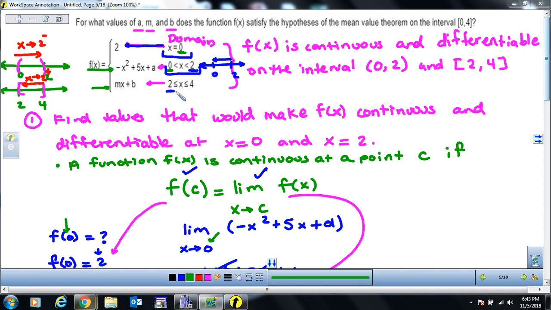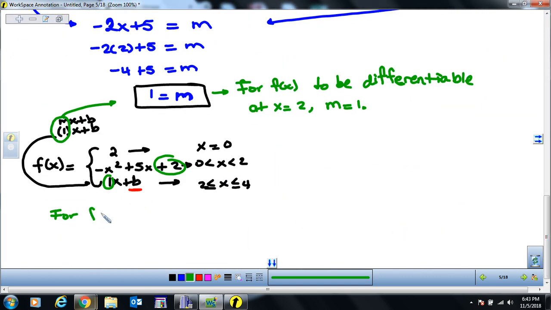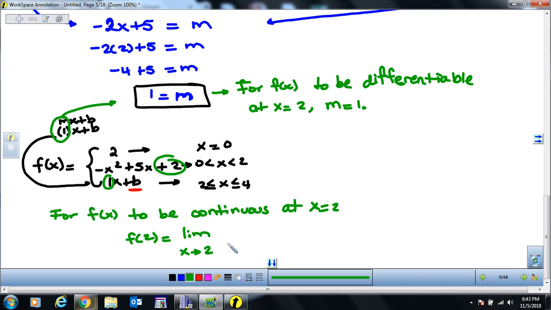Well, now I want to know, as x is approaching 2, what would be the exact evaluation of the limit of this function. So for f of x to be continuous at x equals 2, then f of 2 has to be the same thing as the limit as x approaches 2 of the function f of x.